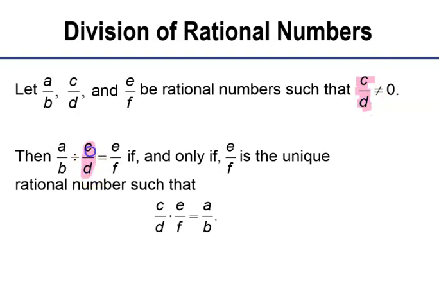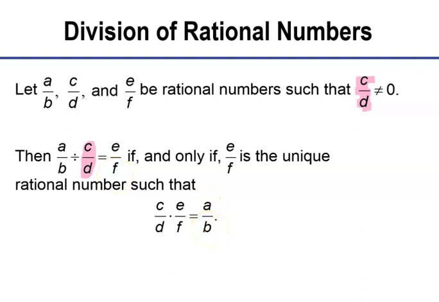I'm dividing by C over D. That's exactly why C over D couldn't be 0. So they go on to tell us that A over B divided by C over D equals some answer E over F if and only if E over F is the unique rational number such that C over D, what you're dividing by, that's your divisor, times E over F is equal to your dividend A over B.